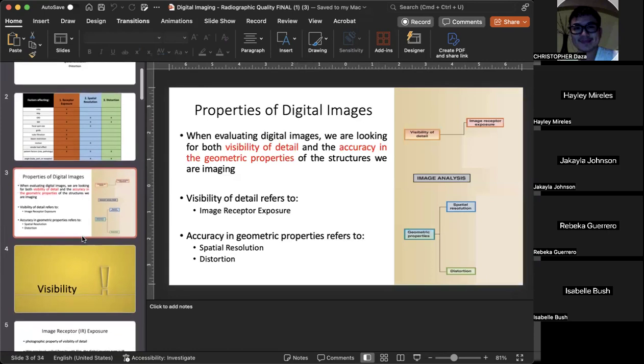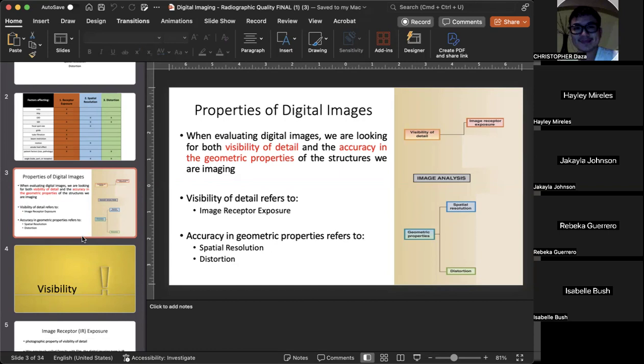When we are looking at this, these are the properties that affect visibility and accuracy of our image. When we talk about being able to see our image, that's the image receptor exposure. We have to have the correct amount of image receptor exposure to be able to see our image.